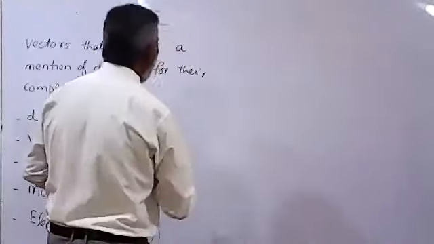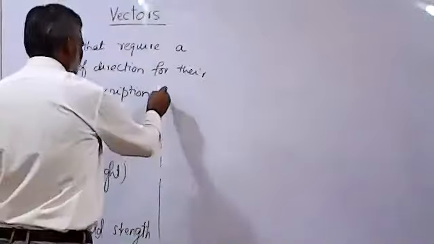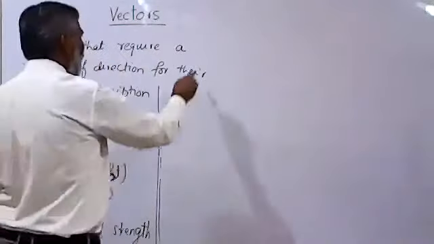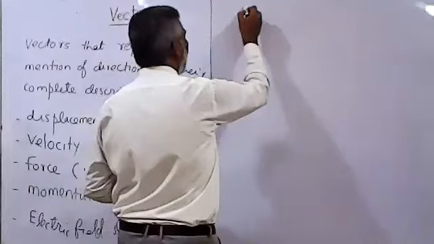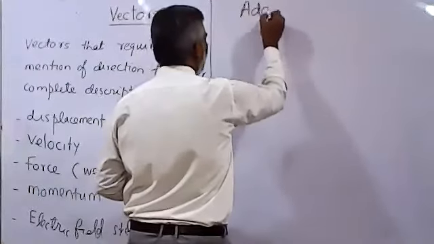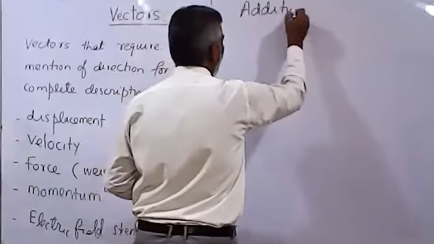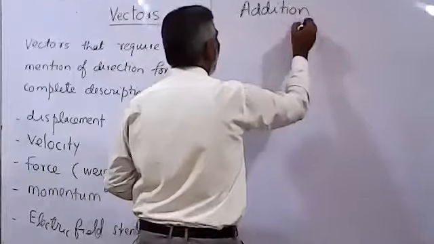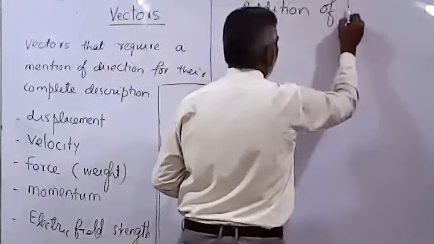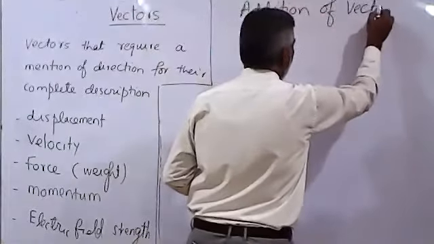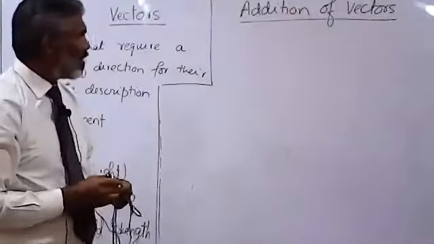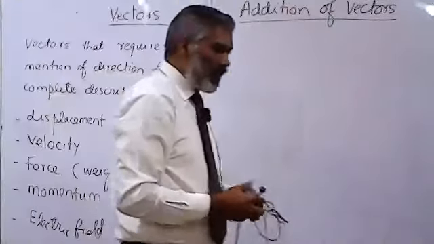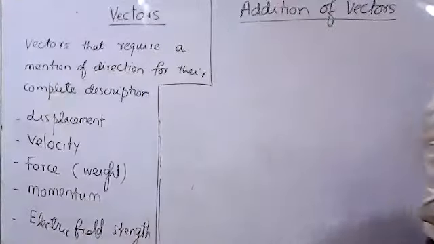Now, after we know that certain quantities are treated as scalars and certain as vectors, we need to understand how we add vectors. So our next topic is vector addition, addition of vectors. Two vectors are added in more than one way.